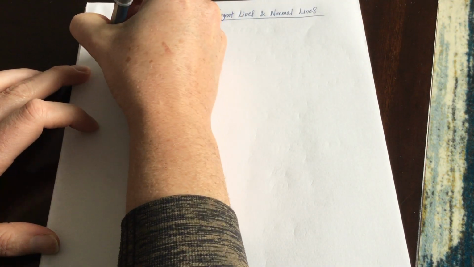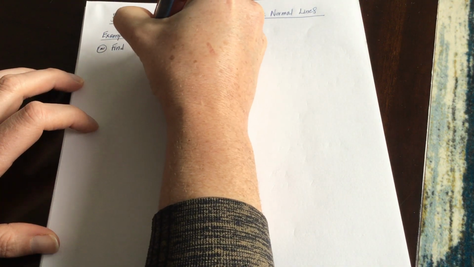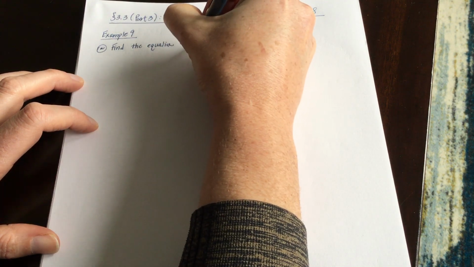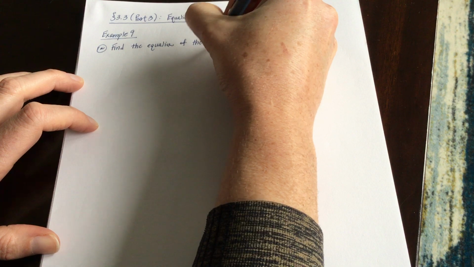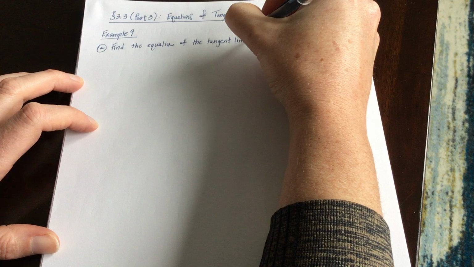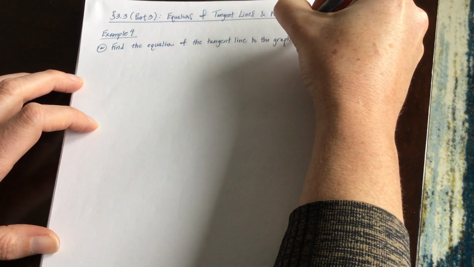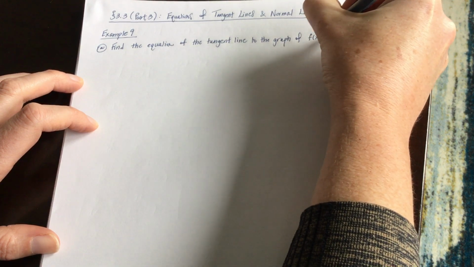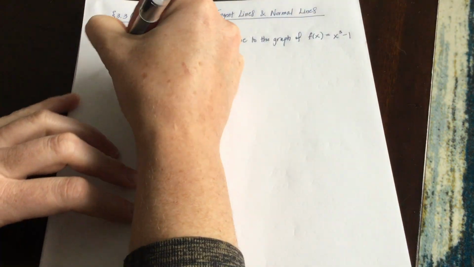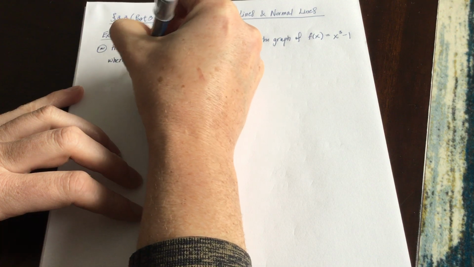So part A, the directions are for you to find the equation of the tangent line to the graph of f of x equaling x cubed minus 1 when your x value is negative 1.